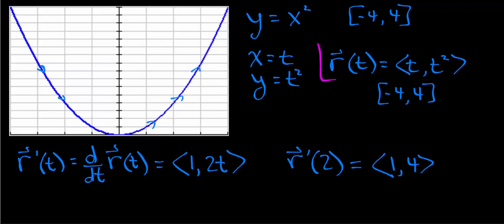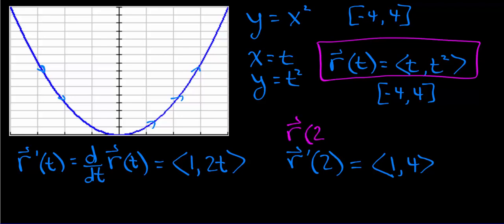Let's suppose I wanted to plot the point when t is equal to 2. Well, I would do r of 2, and I would get the point 2, 4. I would get the vector 2, 4. If I plotted that, I would start at the origin, go over 2 and up 1, 2, 3, 4. And there's the point on the curve.